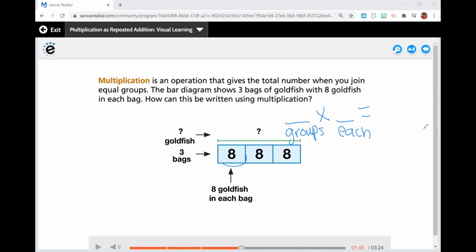So how many groups do I have? 3. There are 3 bags. There are 3 groups. How many are in each group? 8. And we figured out that 3 times 8 on the last page by using repeated addition and equal groups, that it equals 24 goldfish.